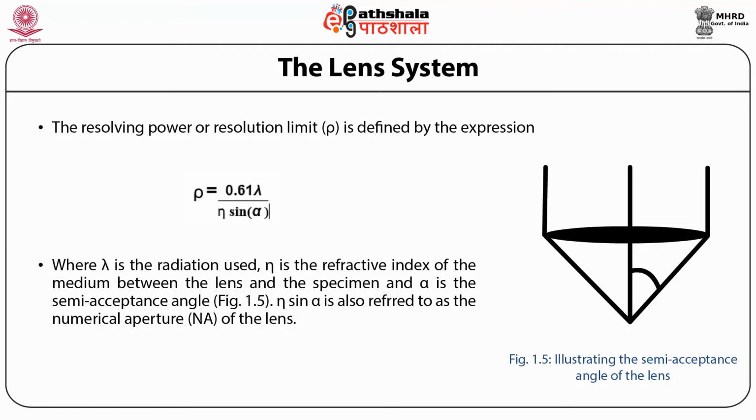Eta sine alpha is also referred to as the numerical aperture of the lens. Figure 1.5 illustrates the semi-acceptance angle of the lens.